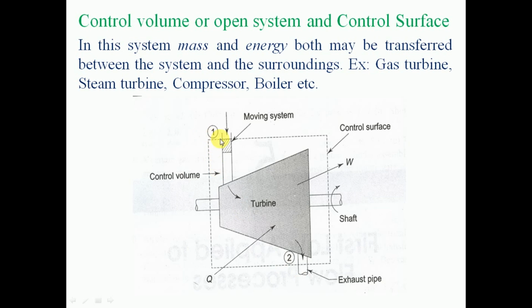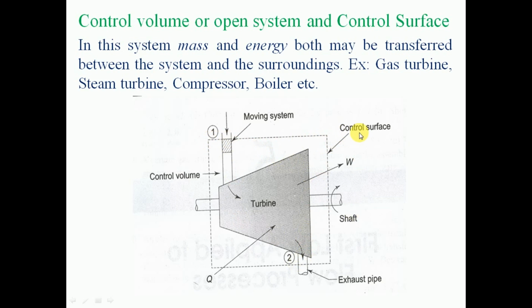Here one line is drawn. That line encloses the volume where the actual conversion of one form of energy into the other form takes place. That is called a control volume. The surface of the boundary enclosing this volume is called the control surface.